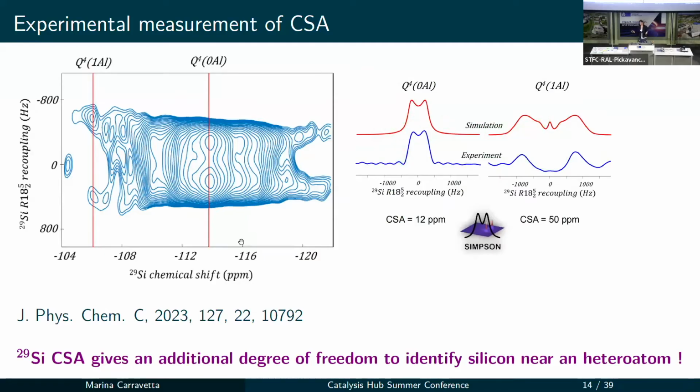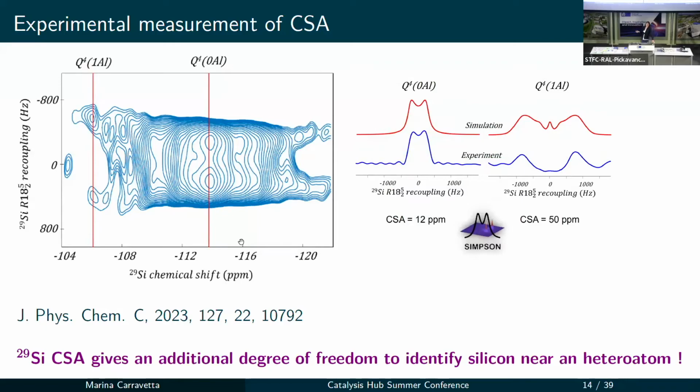So there is some distortion because we have a distribution of sites, but it's quite clear that the match is pretty good. And so we actually verified, starting from a simulation down to experiment, that the chemical shift anisotropy can be used as a parameter to identify the silicon atoms close to the aluminum heteroatom.